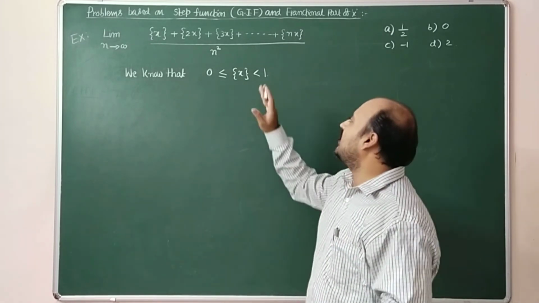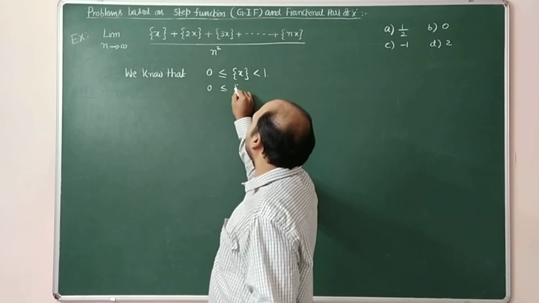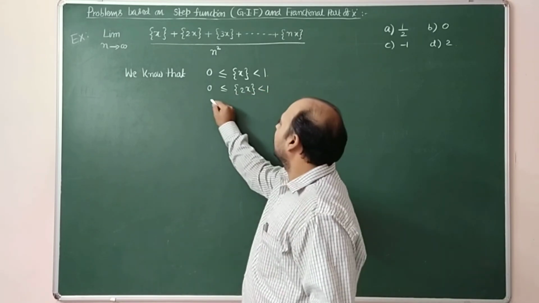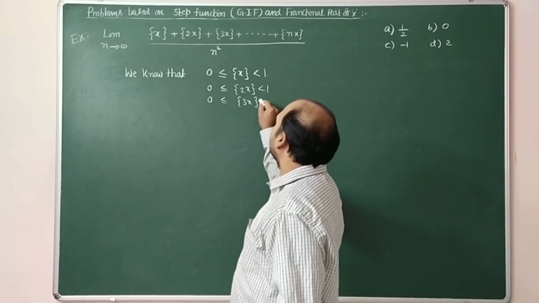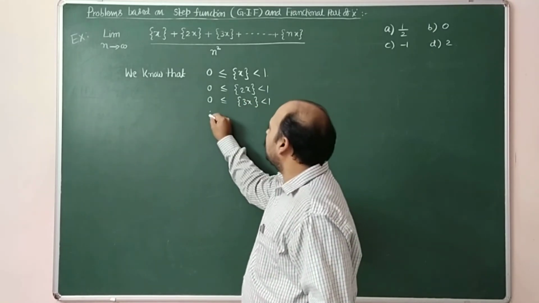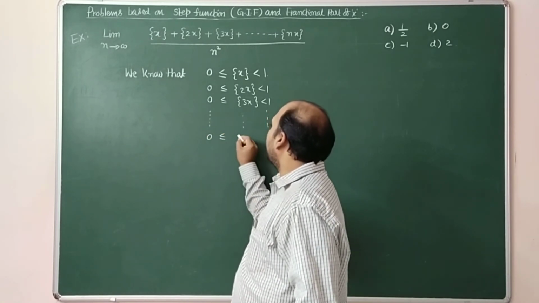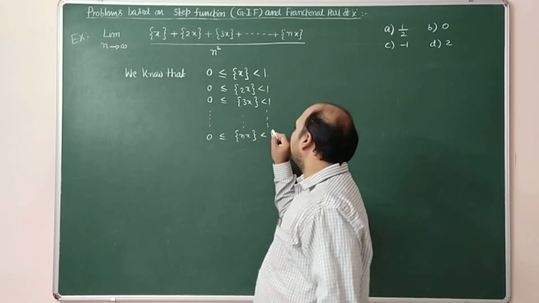The range is always 0 and 1. So, 0 is less than or equal to fractional part of 2x is less than 1. 0 is less than or equal to fractional part of 3x is less than 1. And so on. 0 is less than or equal to fractional part of nx is less than 1.